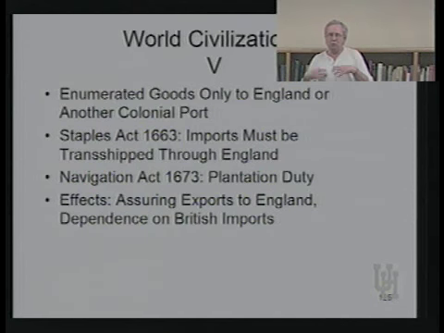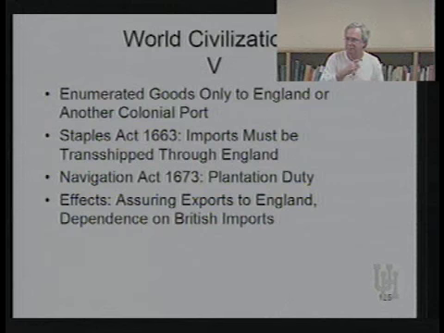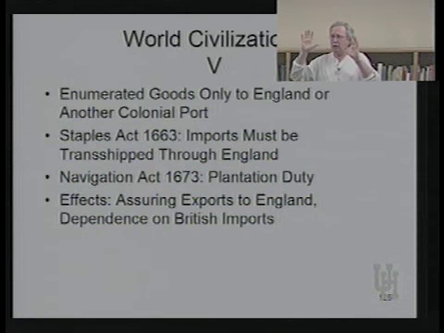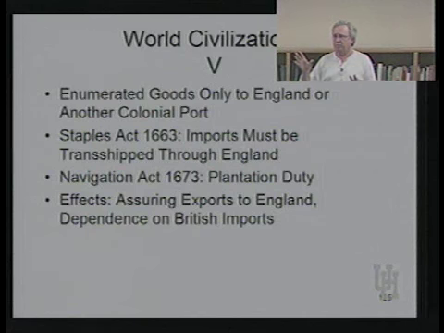The whole purpose of all of these plantation duties, enumerated goods, navigation acts was simply to create a closed system where the American colonies can only trade with England and where England will extract the maximum benefit from that trade.